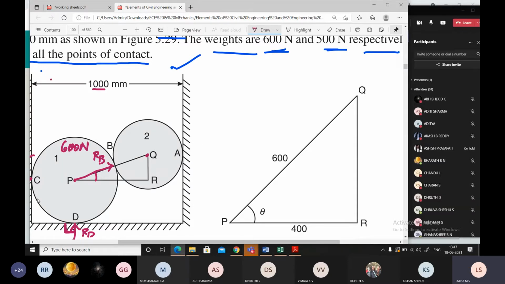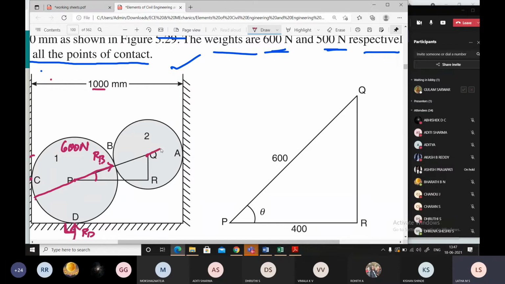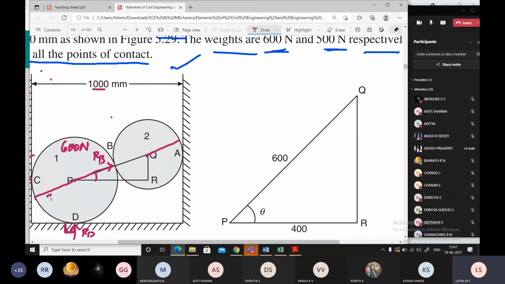Okay. Now, if I extend this PQ line to the sphere, touching the sphere, this becomes how much? This is 350, correct? Even this length will be equal to 350.